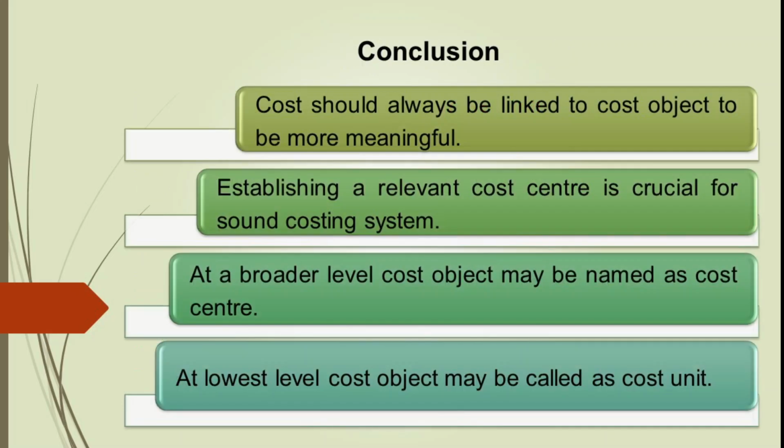Cost should always be linked to cost object to be meaningful. Establishing a relevant cost center is crucial for sound costing system. At a broader level, cost object may be named as cost center, and at a lowest level, cost object may be called cost unit.